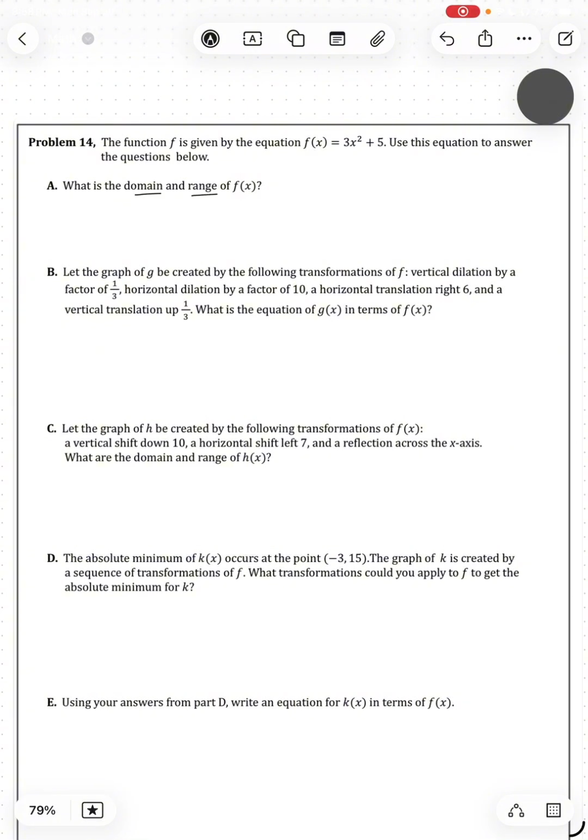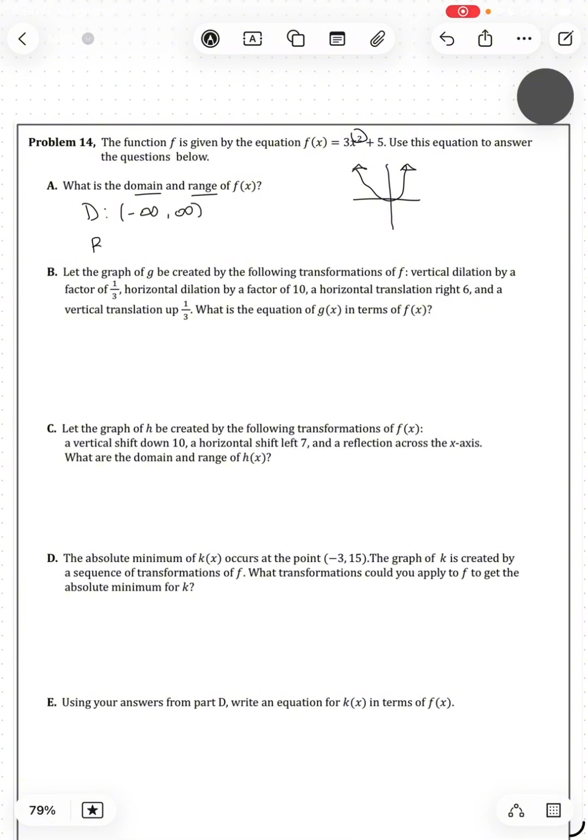Okay, so since this is a parabola, we know that it's going to go somewhat like this. So it means it's going to go up forever on both sides. So our domain is negative infinity to infinity.